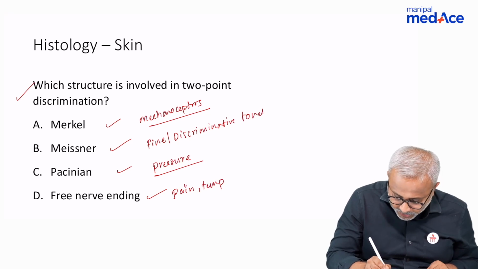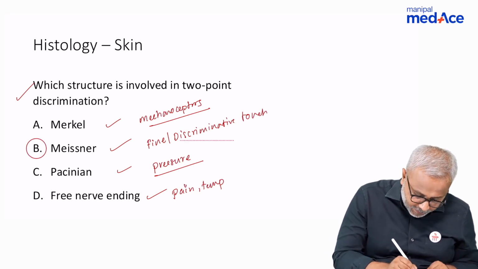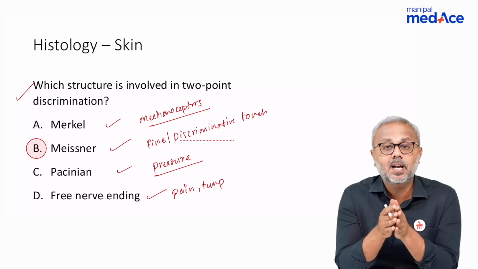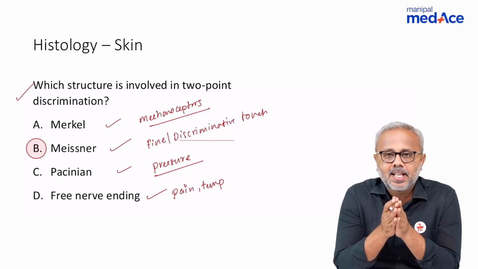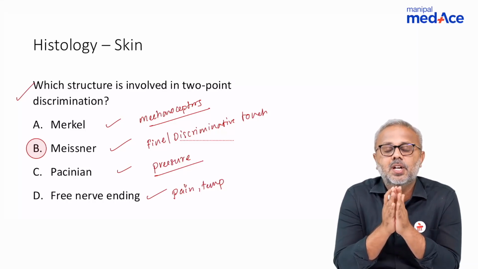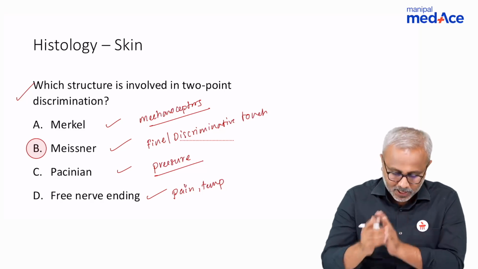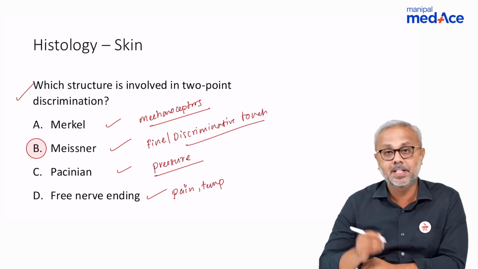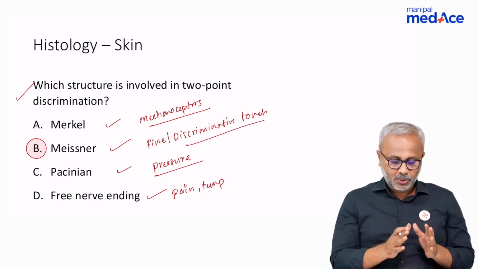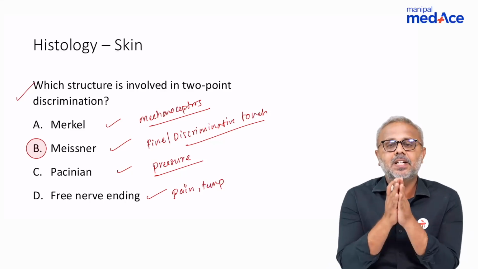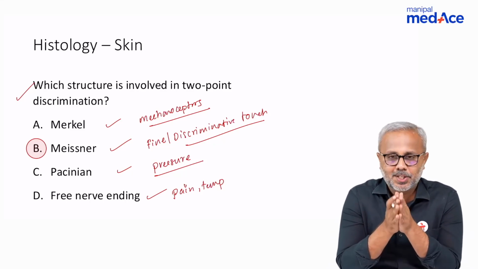So the correct option here is the Meissner corpuscles, because these carry the sensation of fine touch, 2-point discrimination, or discriminative touch. So this is regarding the receptors of the skin which was asked in your exam.